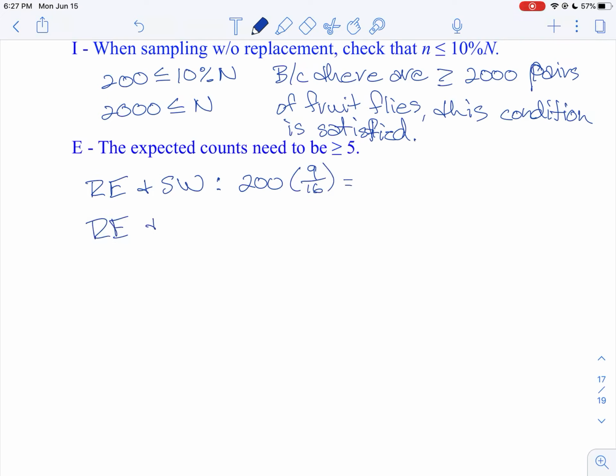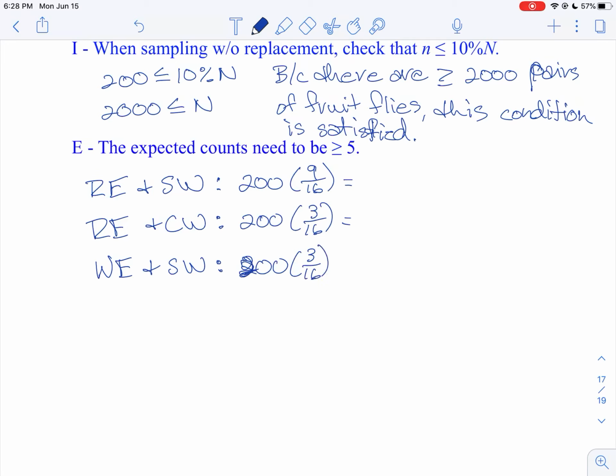For red eyes and curly wings, 200 times 3 out of 16. For white eyes and straight wings, 200 times 3 out of 16 again. And white eyes and curly wings is 200 times 1 over 16.